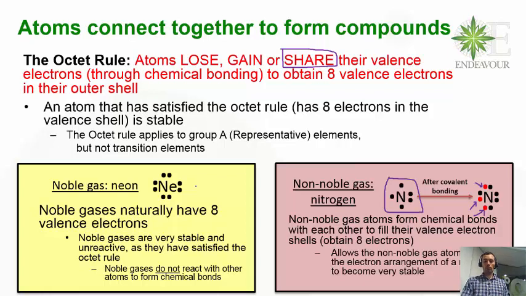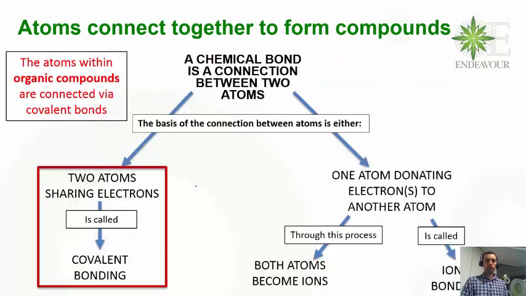And they can do this by forming chemical bonds with other atoms. So this goes back to the idea that atoms are more stable if they're in a compound than if they're by themselves. So why is that? Well, it's because if the atoms are in a compound, then they're going to have undergone the bonding to allow them to have the right number of electrons in the valence shell to be stable. So that will mean they've satisfied the octet rule.